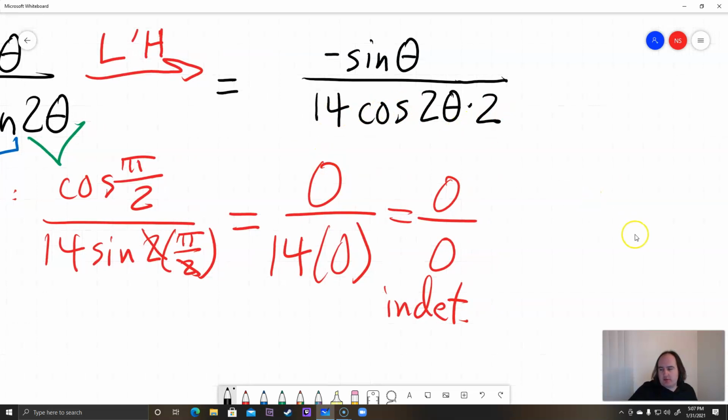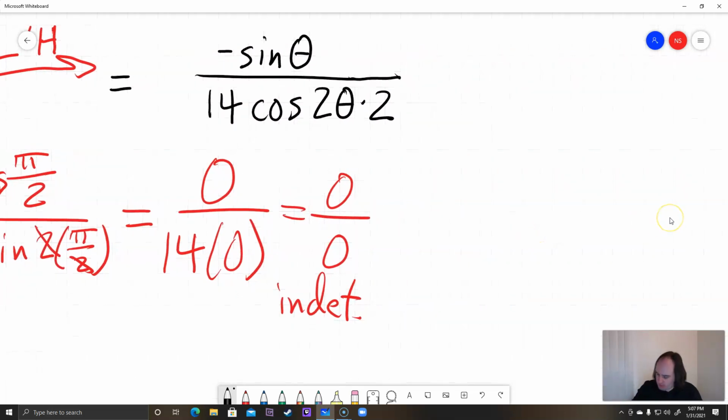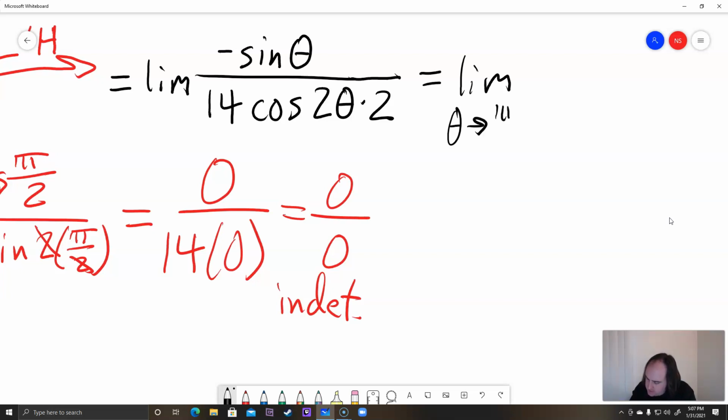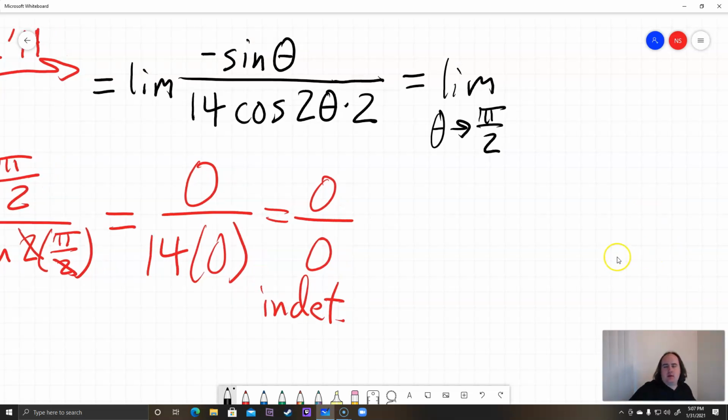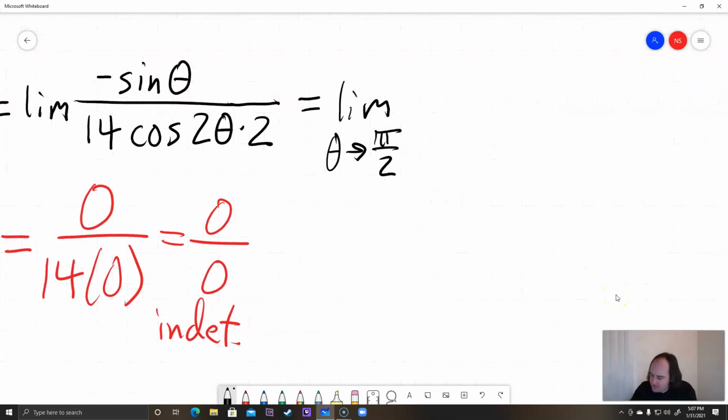We just might want to simplify it a little bit. Okay, so let me simplify this just a little bit. So we're going to have the limit as theta approaches pi over 2 of, on the top we have negative sine of theta, and then on the bottom 14 times 2 is 28.